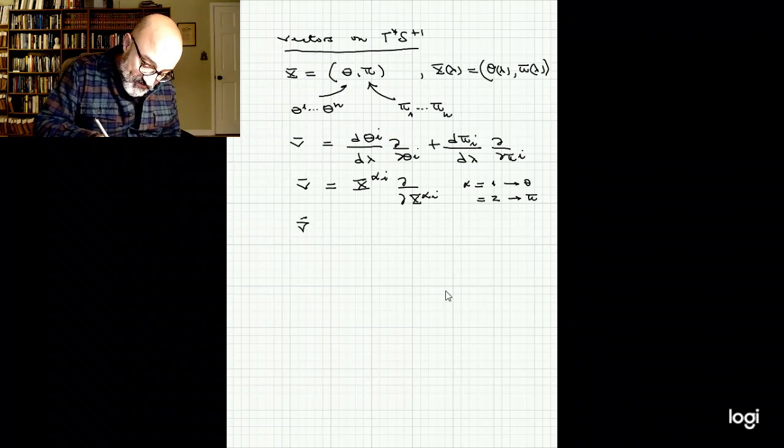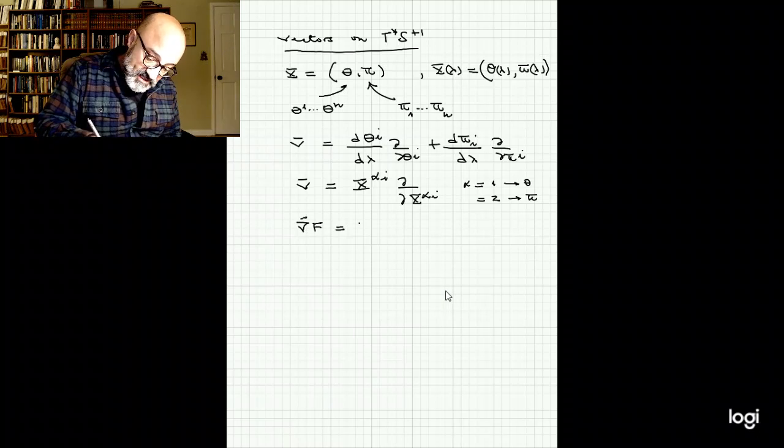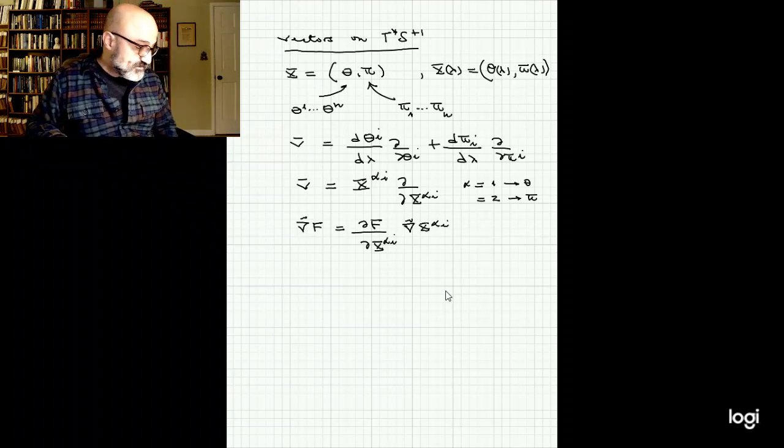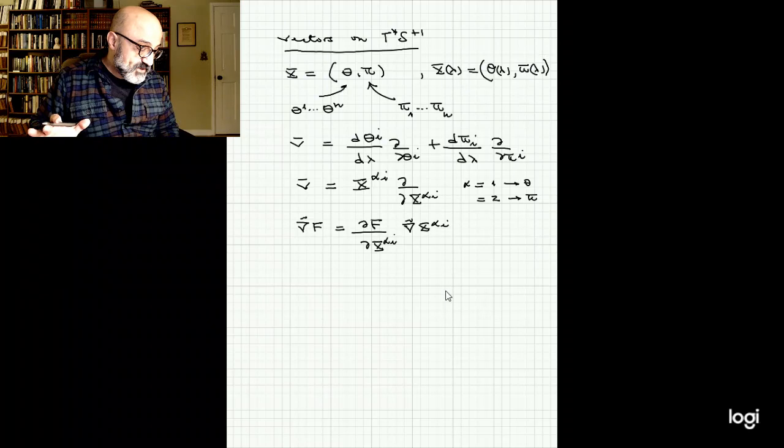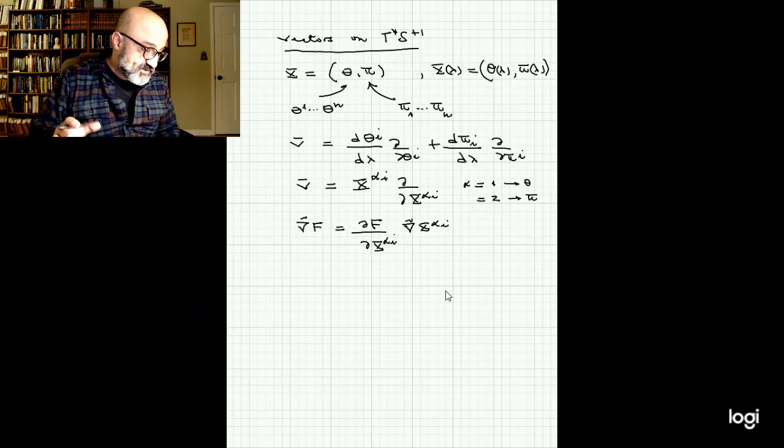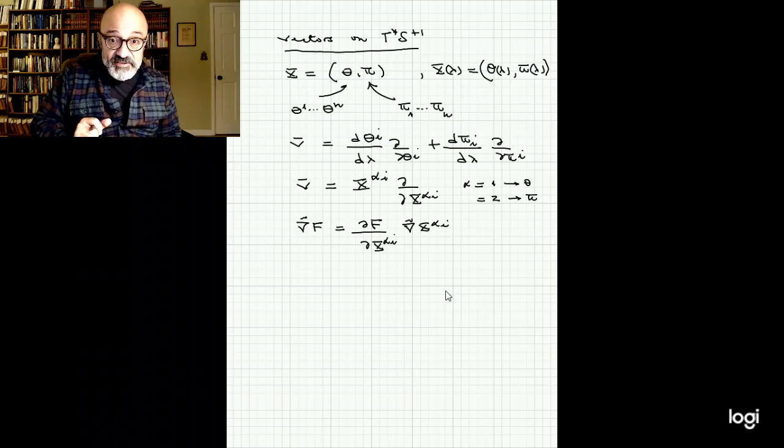The gradient of any function, we can write it just as the derivative of f with respect to these coordinates, multiplied by the gradient of those coordinates. I think we're good. Okay, with this, it takes us to where we start doing something new.